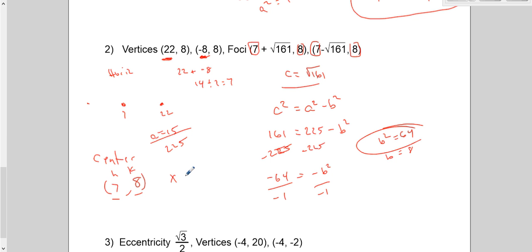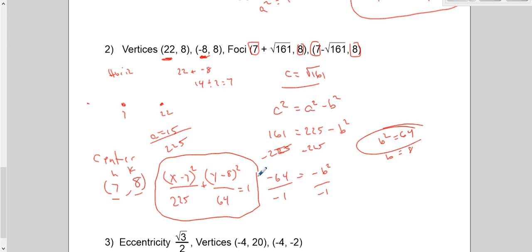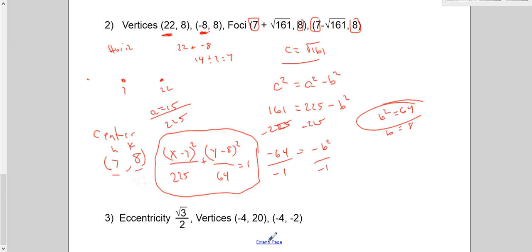So x minus the 7, squared, x minus h, over a squared, which is 225, plus y minus k, which is 8, squared, over b squared, which is 64, equals 1. And there's our equation for that.